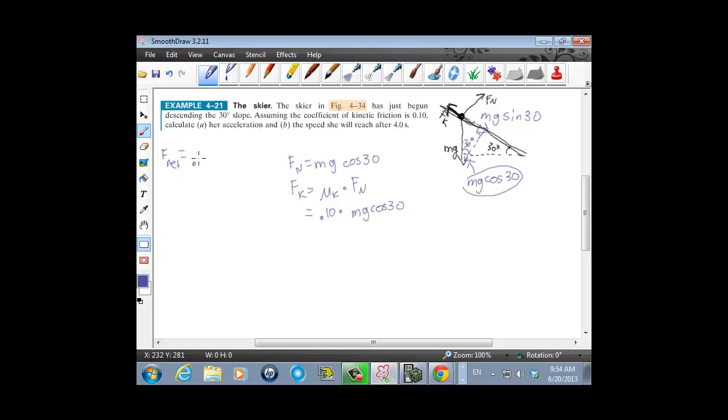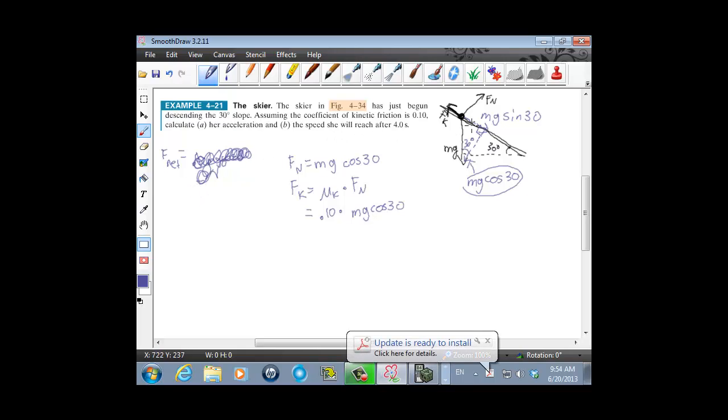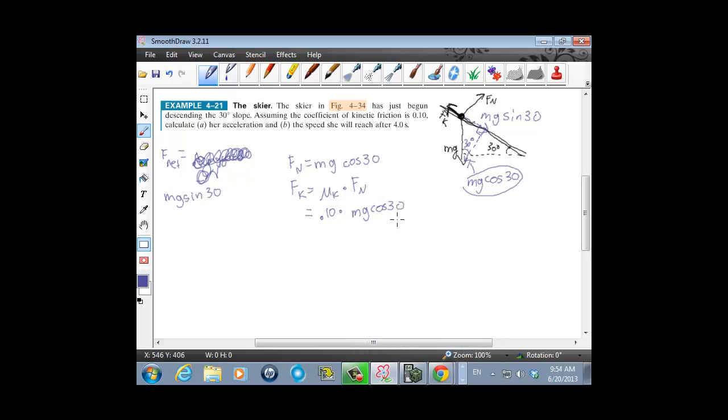So down is positive, so the component that's down is mg sine 30. The component that's up is the friction, which is minus 0.10 mg cosine 30.